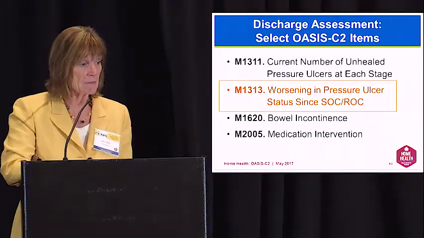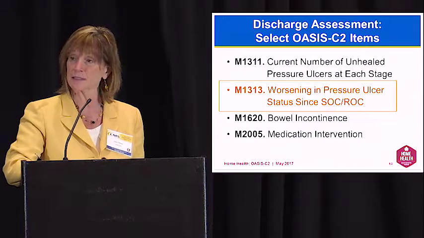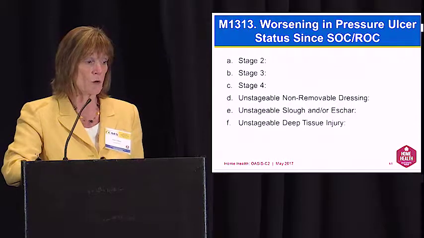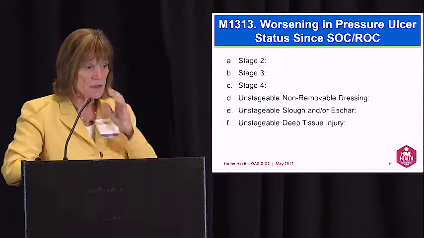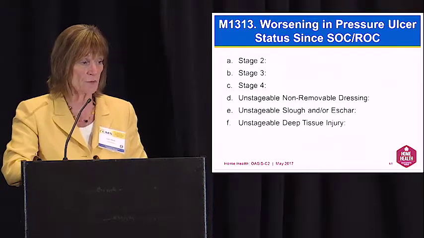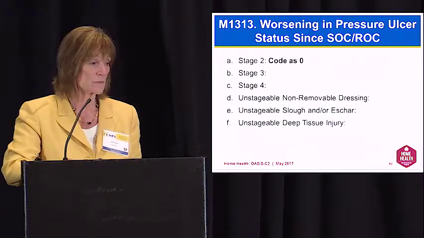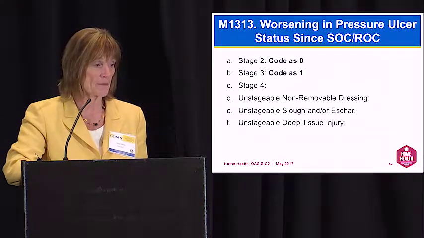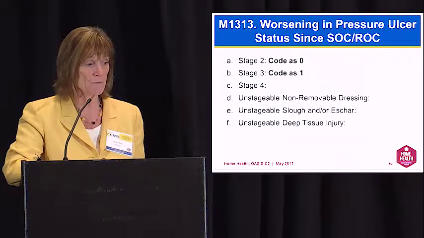So the next item, M1313, the worsening in pressure ulcer status since SOCROC. So we'll call out the answers for this again as well. So for 1313, worsening in pressure ulcer for Mr. B, for A, stage 2. Great. And for stage 3, correct. For stage 4, 0.